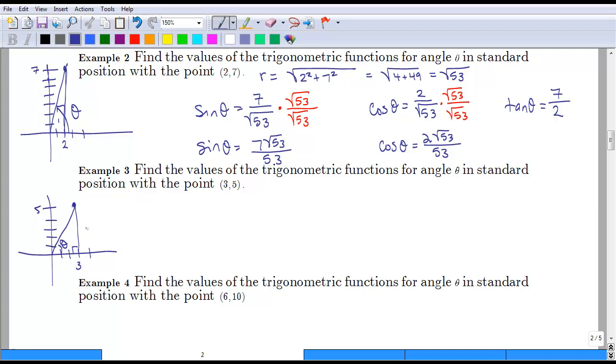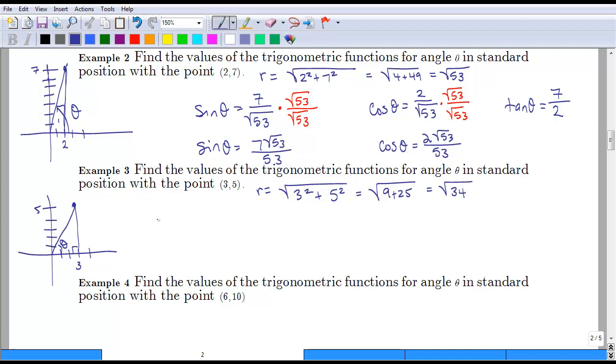So in this case, again, we need to make sure that we find the radius. So r is equal to the square root of 3 squared plus 5 squared. And this is equal to the square root of 9 plus 25, which is the square root of 34. And again, we're not going to worry about simplifying that.